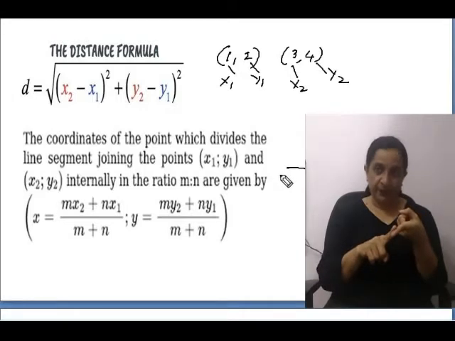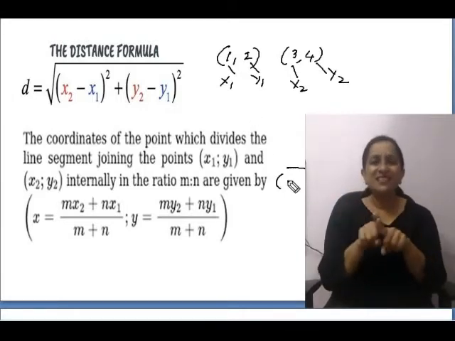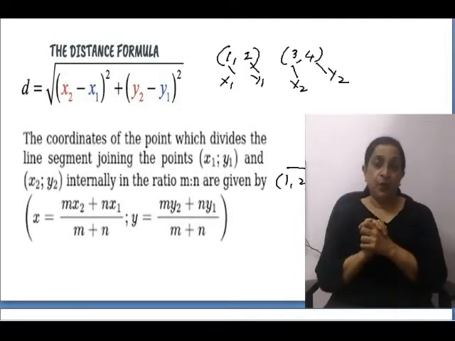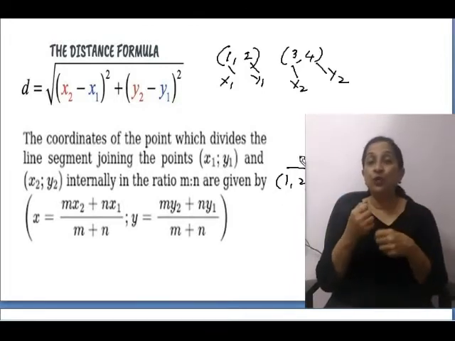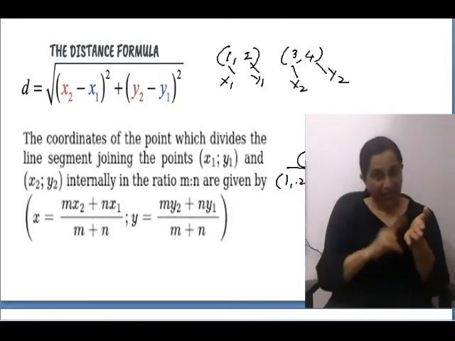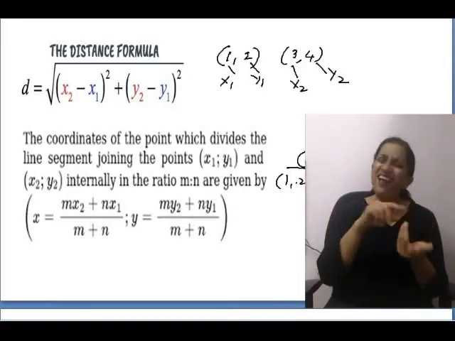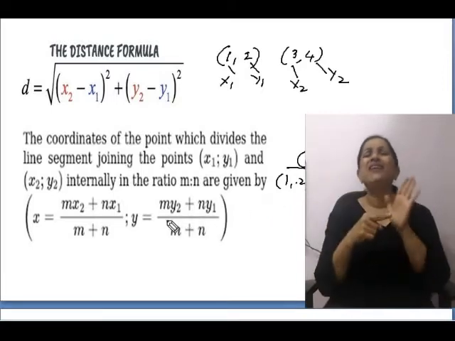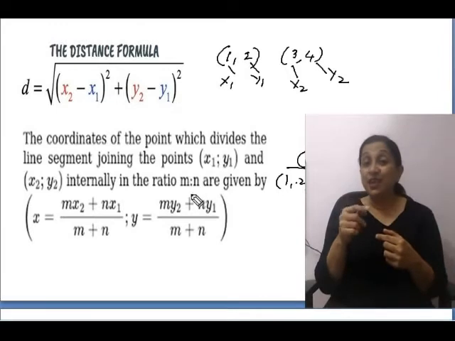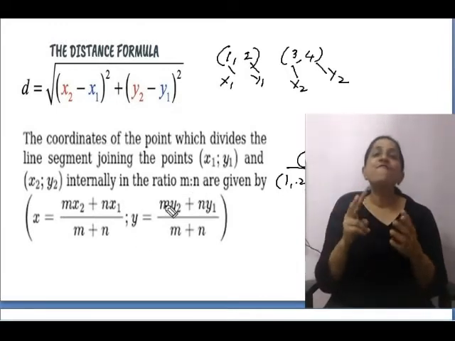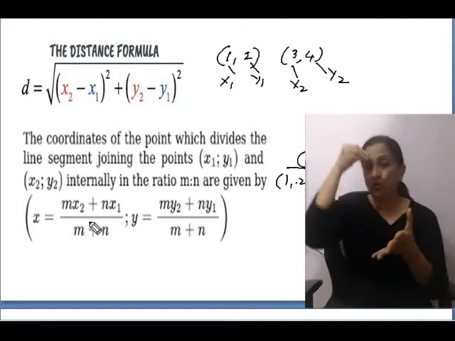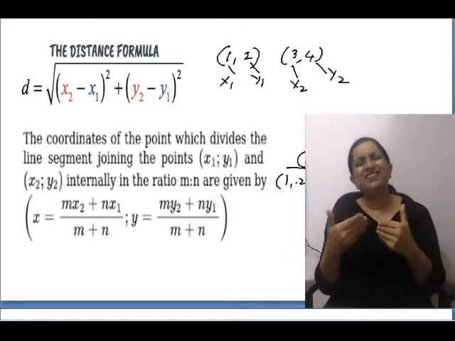Then supposing this is the same problem, we take 1, 2 and 3, 4, they may give m and ask you to find n, or they may give both and then the ratio, and ask you to find the unknown quantities many times. Okay, so this appears a little complex, but while solving, if you remember this formula, then it is very easy to solve.